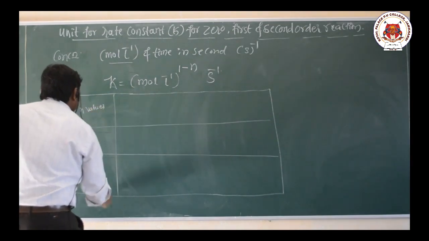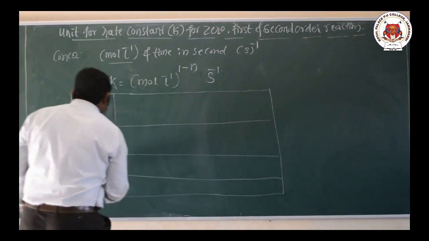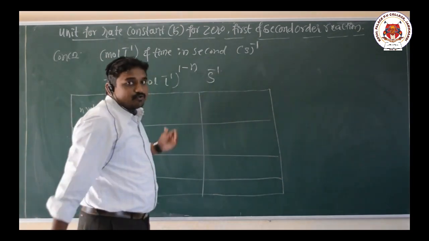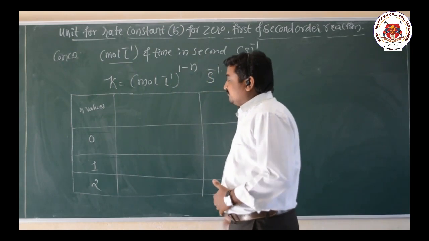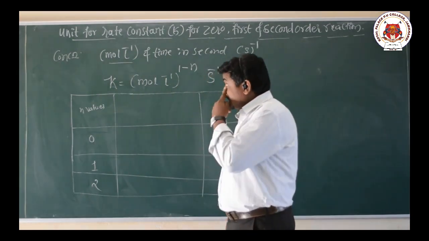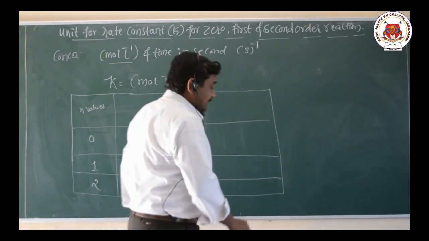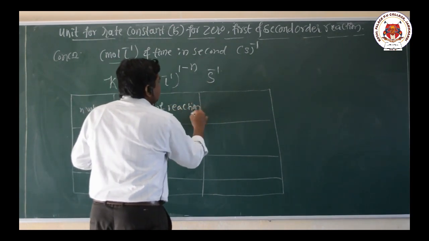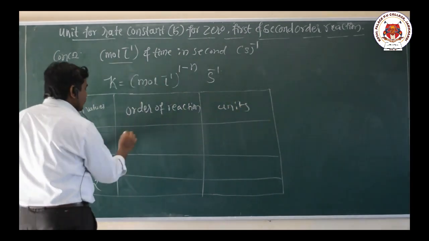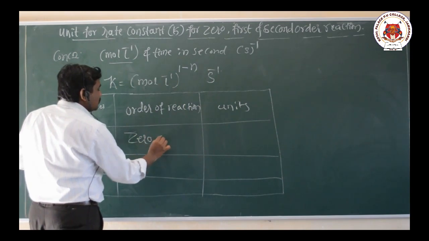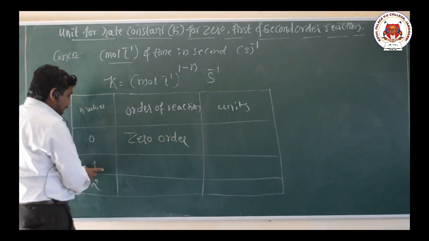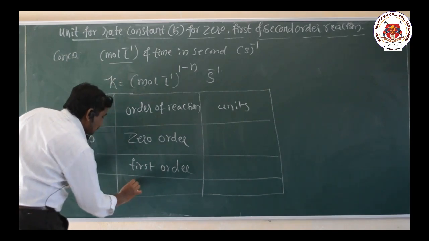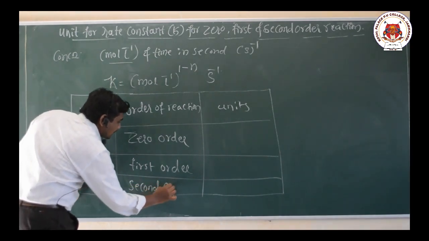Here I will write the n values: 0, 1 and 2. The n value 0 is for the zero order reaction, if it is 1 then that is the first order reaction, and if n equals 2, that means second order reaction. Then I will write the order of reaction and the units.